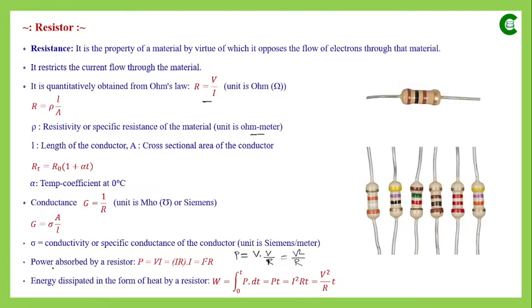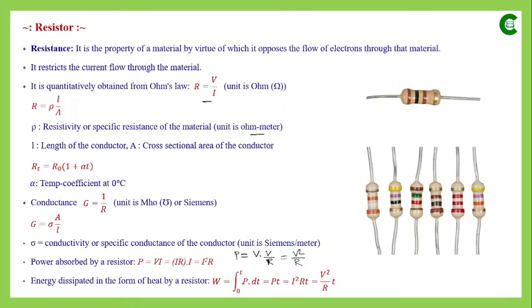So here the power will be taken as energy per unit time. So energy will be power multiplied by time. So that's what has been used in this formula, power, then dt here represents the small amount of time for which that power was absorbed by the resistor.